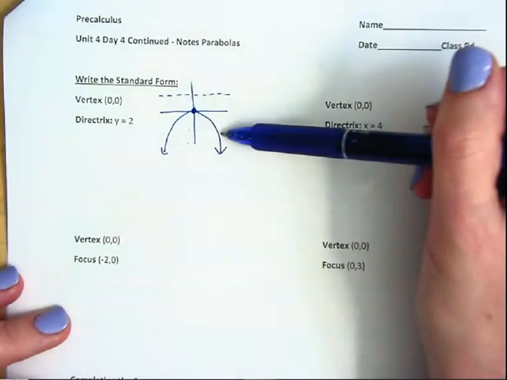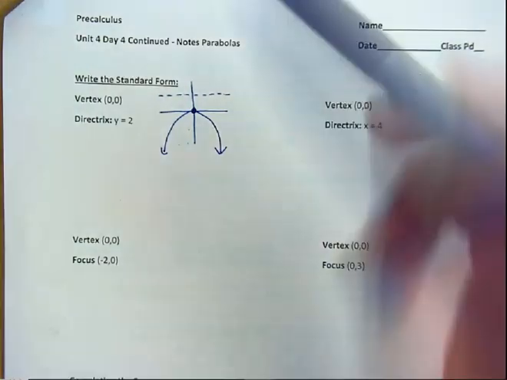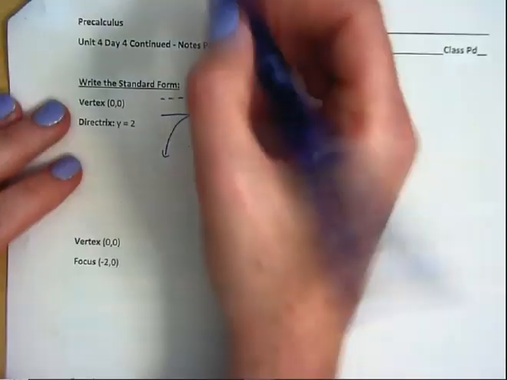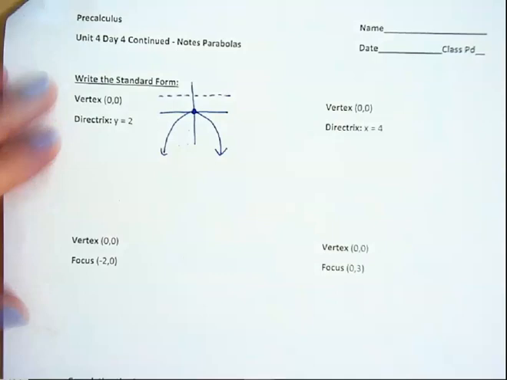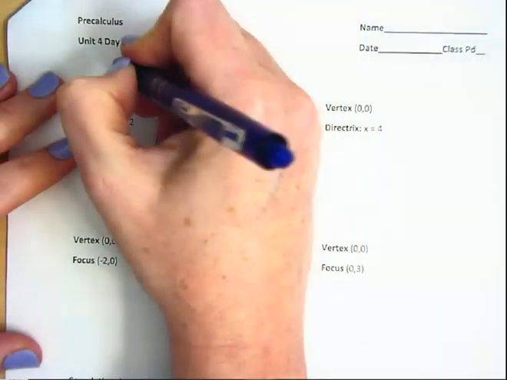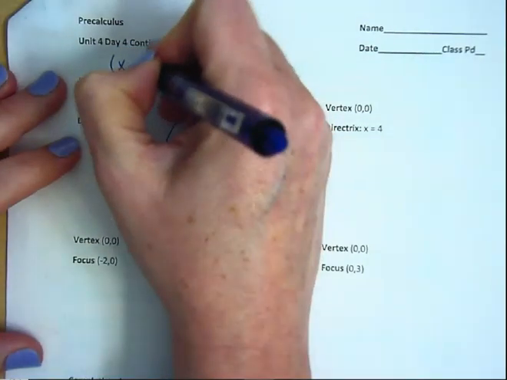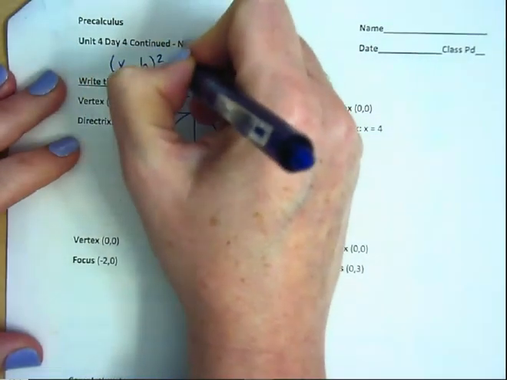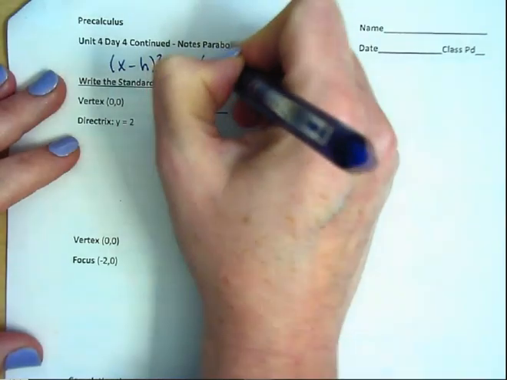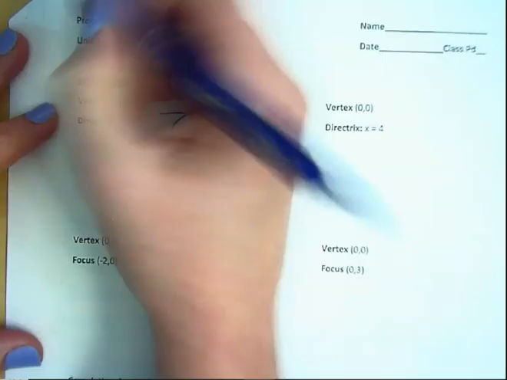Now, once I know this, I know which form of general equation I need. If you looked at your formula sheet, the up or down orientation is this general equation. This is for up or down.